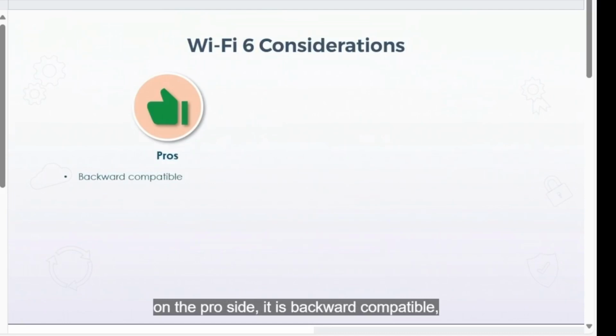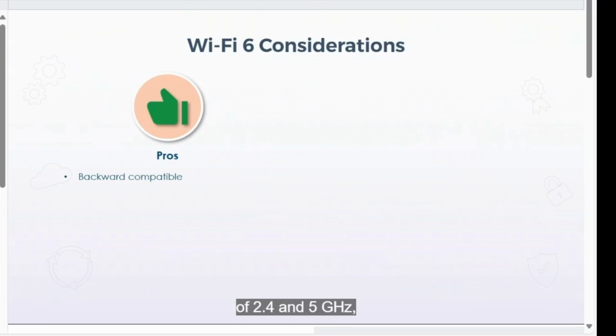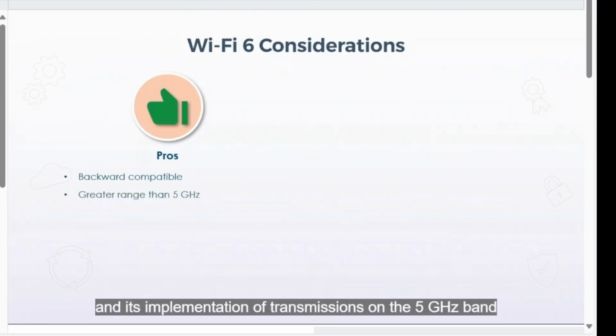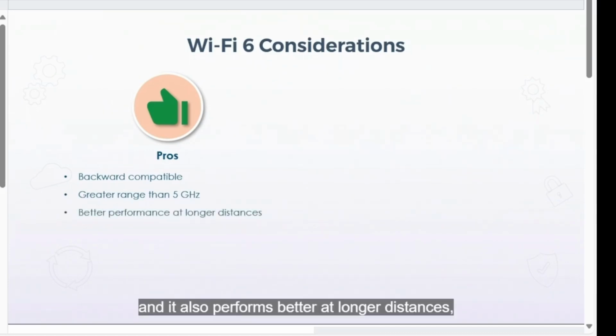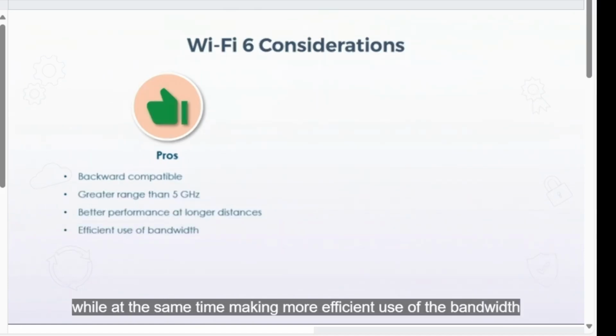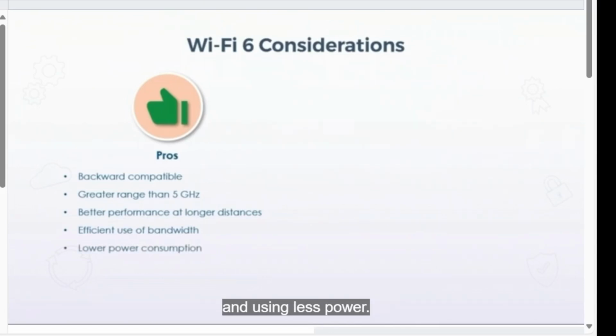Then, as far as Wi-Fi 6 considerations are concerned, on the Pro side, it is backward compatible, meaning that it can operate on the earlier frequencies of 2.4 and 5 gigahertz, and its implementation of transmissions on the 5 gigahertz band actually does offer greater range than earlier implementations simply due to performance enhancements and improvements in the technology, and it also performs better at longer distances, while at the same time making more efficient use of the bandwidth and using less power.